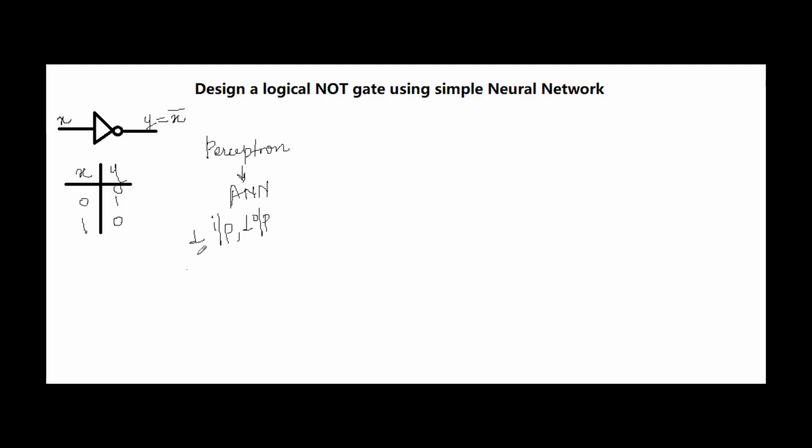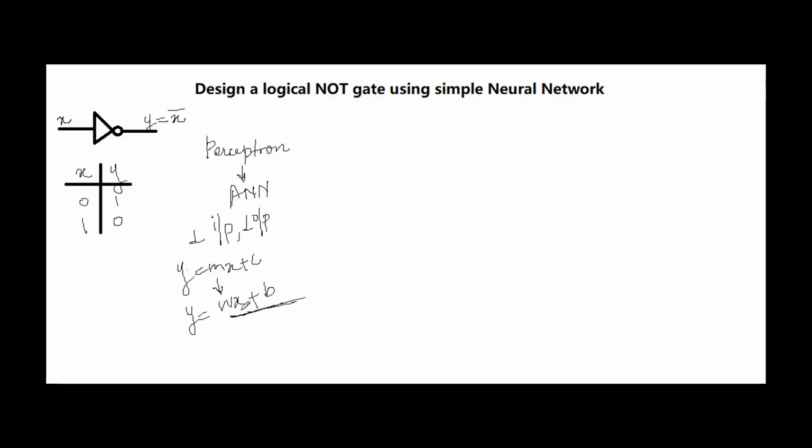So for that, the equation we know is y equals mx plus c for a linear model. My m is nothing but the weights here and my b is nothing but the bias for the output. Now as we have only a single input, we will just take this equation as it is. Not like the AND gate and OR gate which we explained earlier, where we have x1 w1 plus x2 w2 because there were two inputs there.